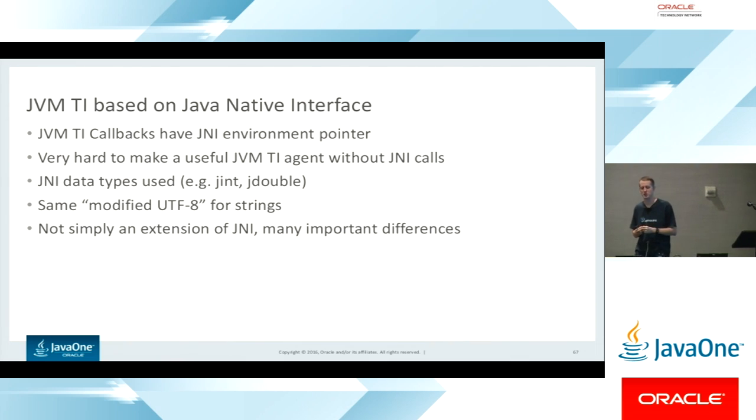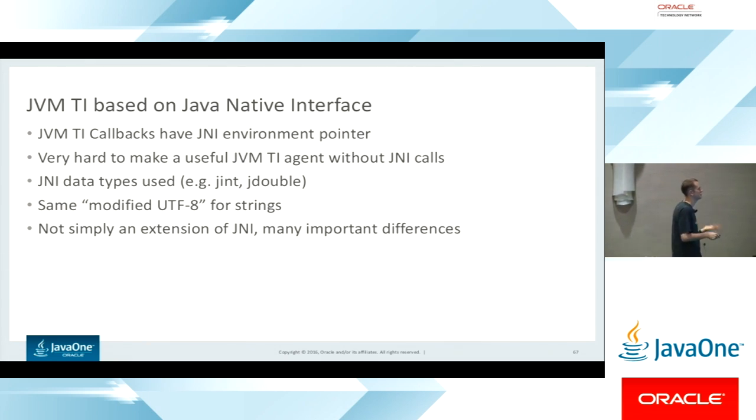So you can have JVMTI agents that use JNI, and that's pretty much expected. There's a lot of functionality in JVMTI that seems to be missing until you realize that the assumption is that you're going to be using JNI calls in addition to the new stuff that JVMTI makes possible.